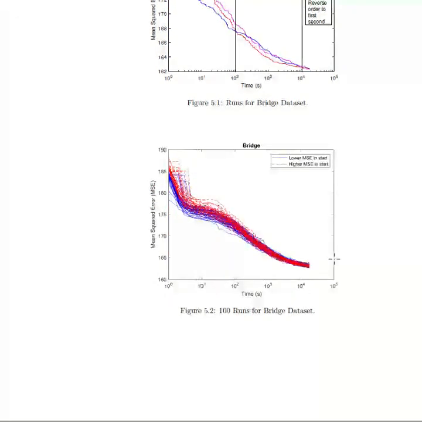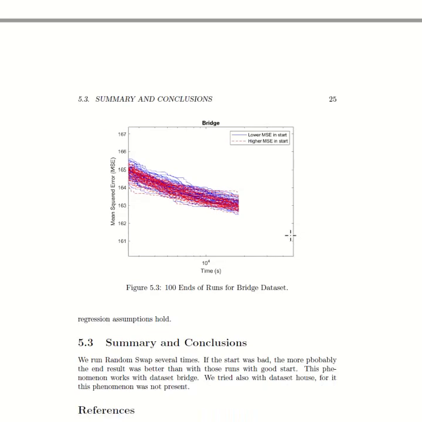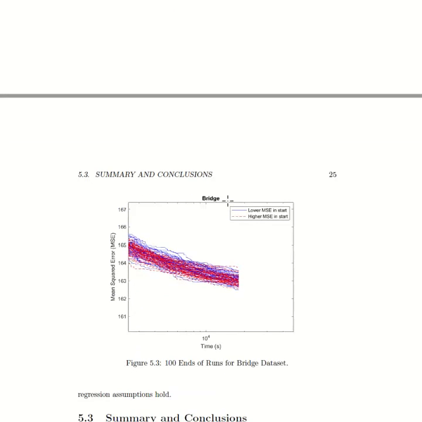And here we have 100 runs. Red lines are worst in the beginning, and blue lines are best in the beginning. Maybe it cannot be seen from here that the order is reversed statistically, but we can magnify the view, and we see that the red lines, the worst, it was worst, yes, as it should be.